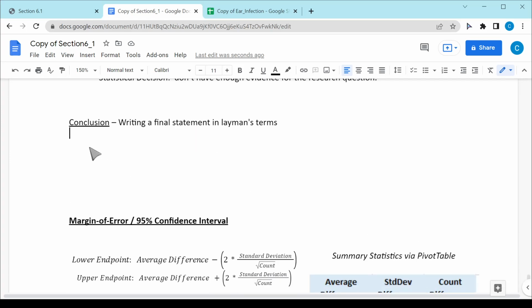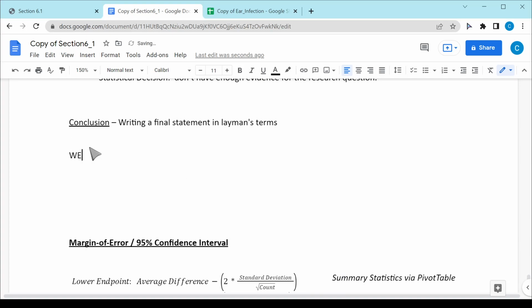So let's go ahead and write our final conclusion here again. We are 95% certain that there is not enough statistical evidence to say, okay, and what are we testing here?